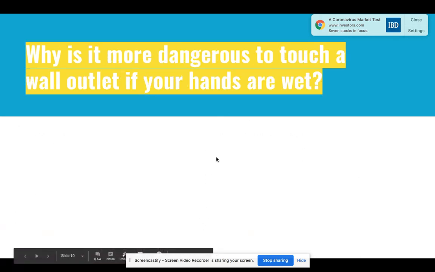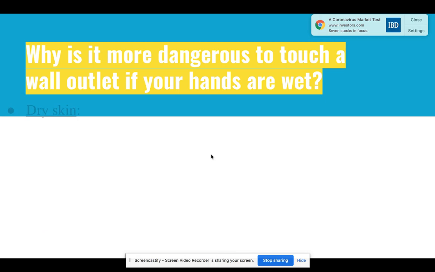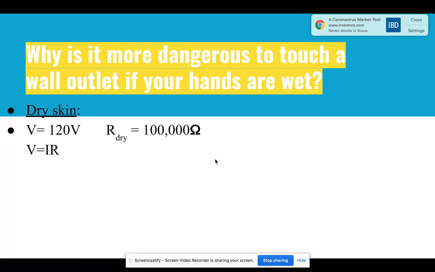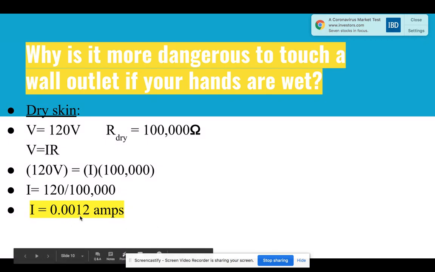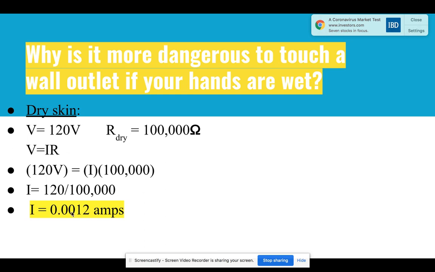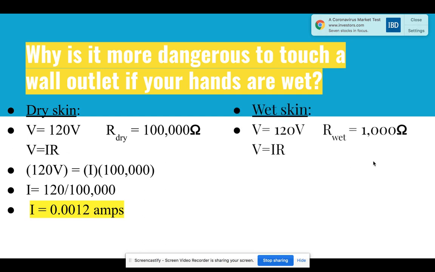Now we look at when you're wet. Again, with dry skin and 120 volts, we went through this already: 0.0012 amps. Quite a bit of current, but still probably not going to kill you. Could kill you, but maybe not. Then you've got wet skin, with only 1,000 ohms of resistance.